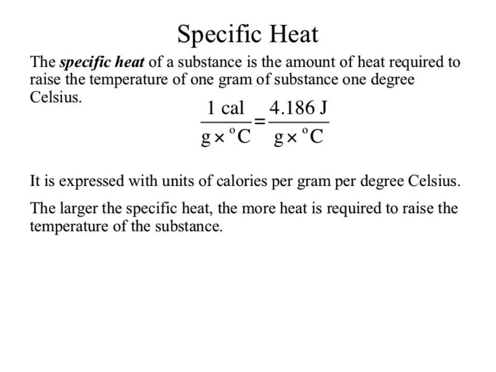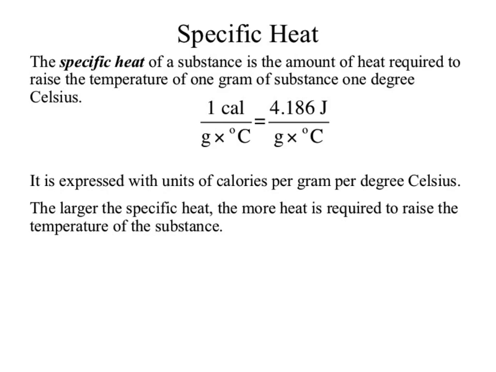If I take a sample of material and add heat to it, the amount of heat I add per gram of the sample to make it go up by 1 degree Celsius is the specific heat. It's a big convoluted thing, but that's what it means. If I want to convert between calories and joules, two different energy systems, that's my conversion factor. So it's up to you what you would want to use.